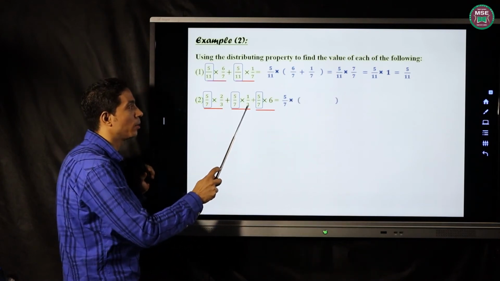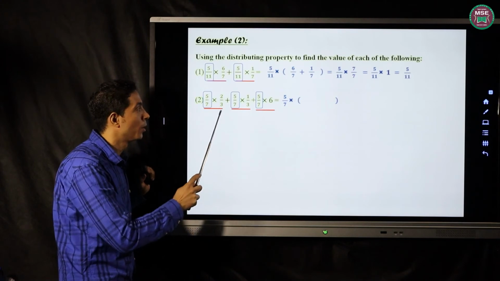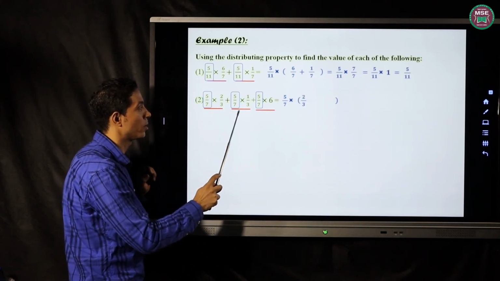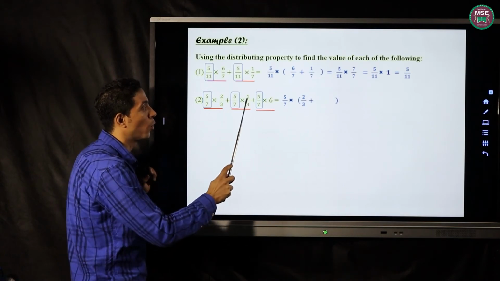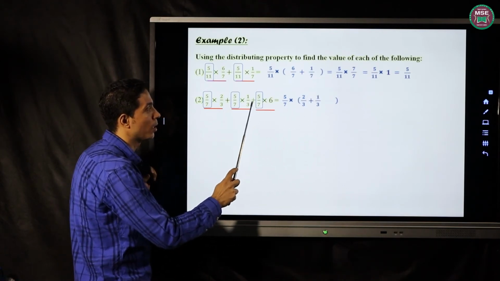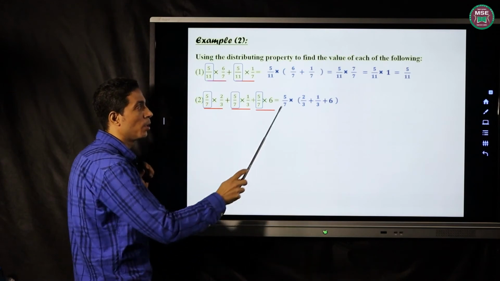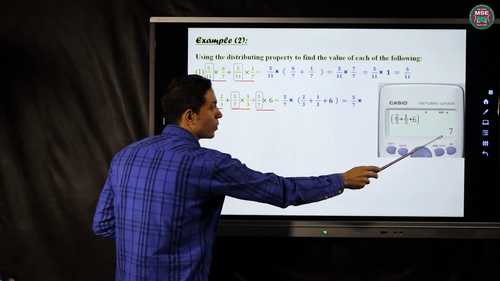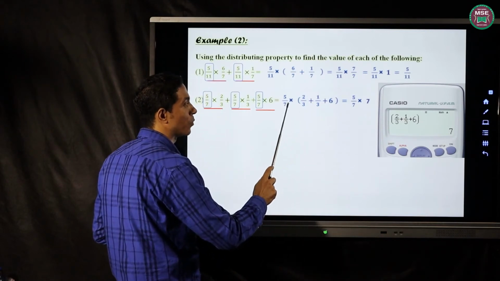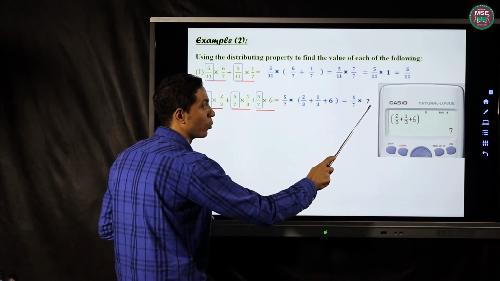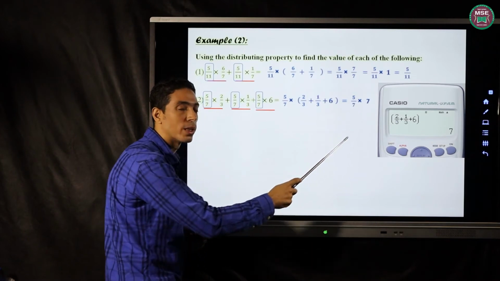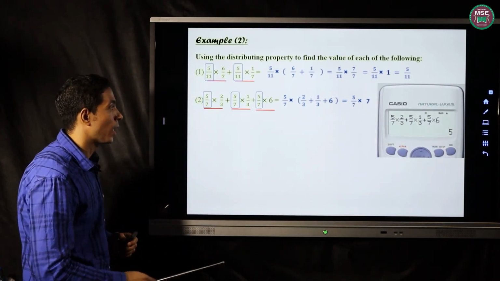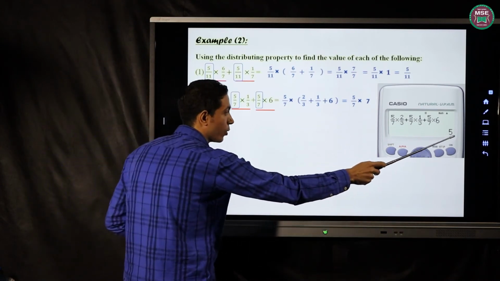And we take the other numbers: 2/3 plus, because the sign between these terms is plus, 1/3 plus 6. Then the answer of the bracket will equal 7. Then 5/7 times this bracket equals 5/7 times 7, which equals 5. And we can check our answer by calculator.